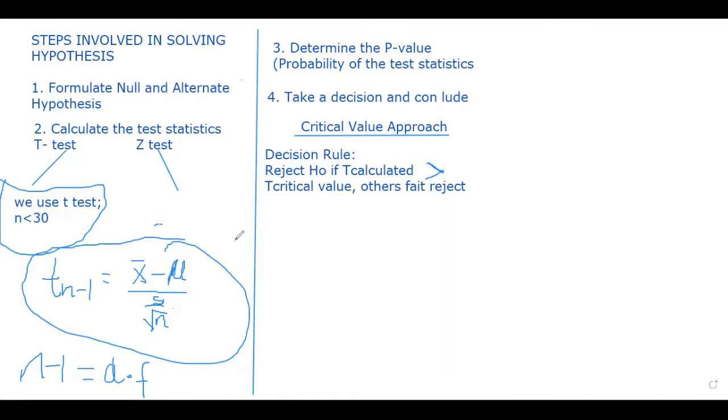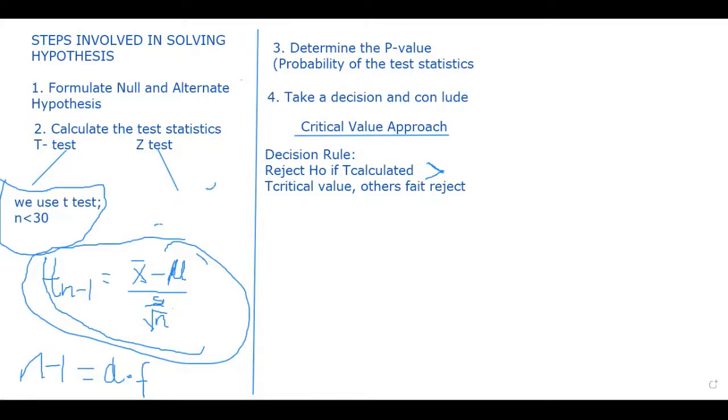So if your t using this formula is greater than your t critical, and for the t critical you use the alpha value given and your degrees of freedom to track it on the table. Now I'm saying even if it is a 2 tail test, which is the equal sign, don't divide it by 2, leave it like that. You get it?